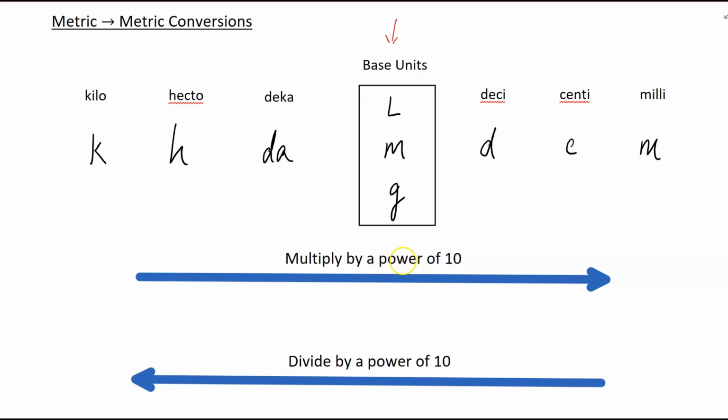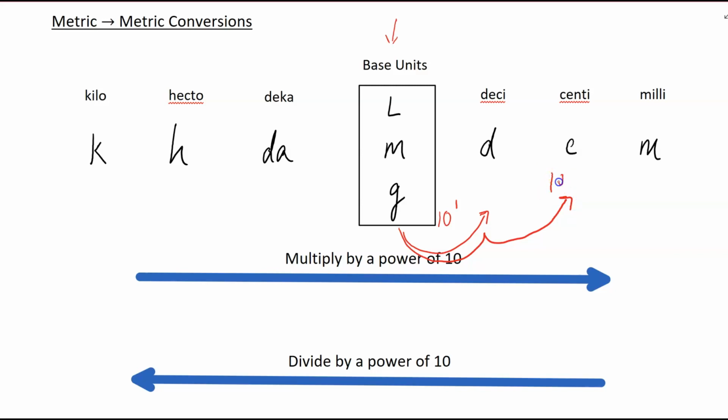And notice, on our scale, if we go from meters to decimeters, we make 1 jump along the scale. That means the difference is 10 to the power of 1. And from meters to centimeters, it is 2.